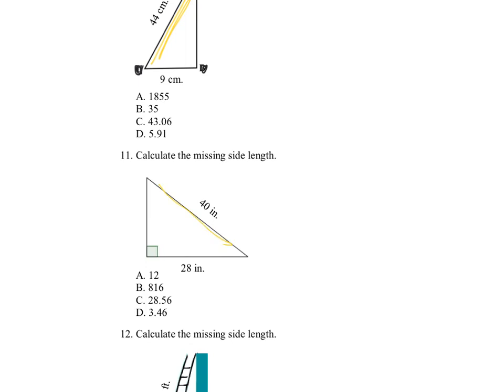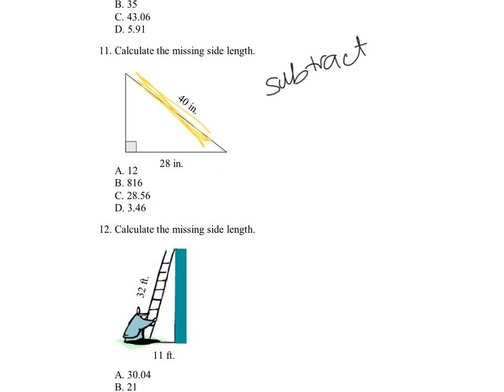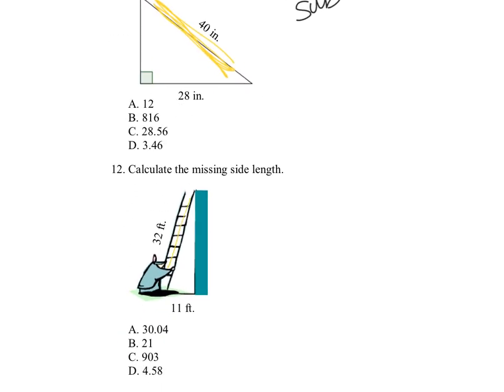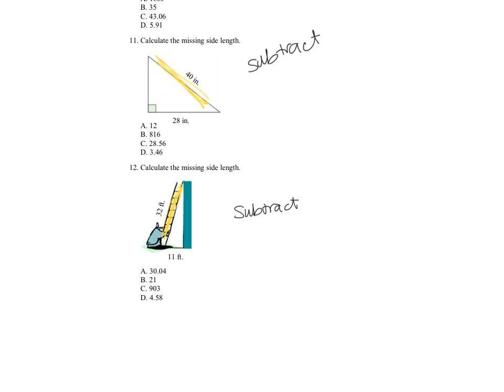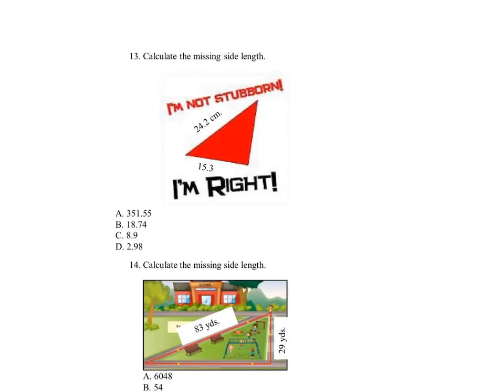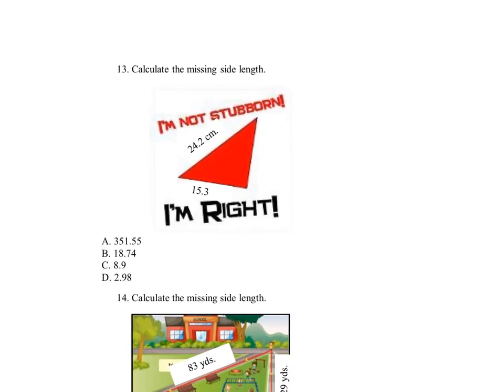11, same thing. You have a C. You have your longest side, so you're going to have to subtract. And number 12, again, same thing. You have C, so you're going to subtract. And it doesn't matter if that 11 is A or B. You're going to do the same thing. Same thing on 13.